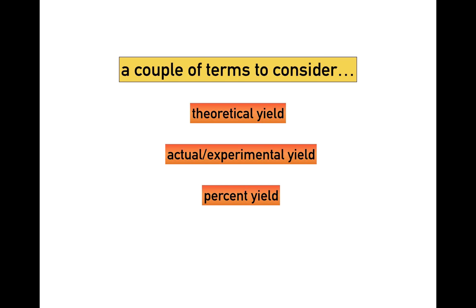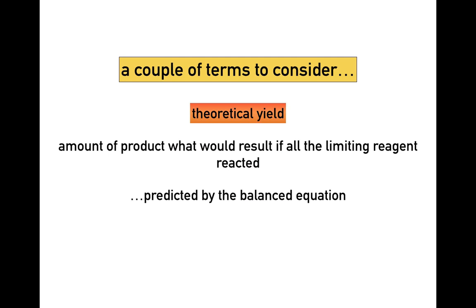So keep in mind how these terms are alike, how are they different, and then how do they combine to eventually give us our final goal of gaining a percent yield in a reaction. A theoretical yield is the amount of product that would result if all the limiting reagent reacted.